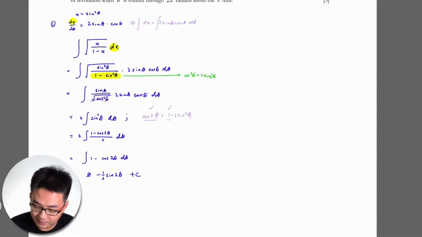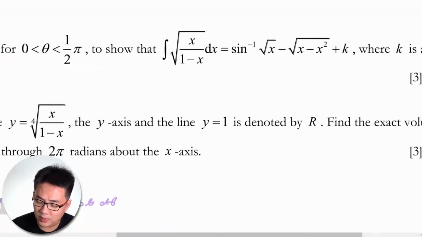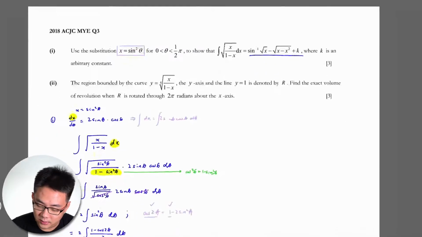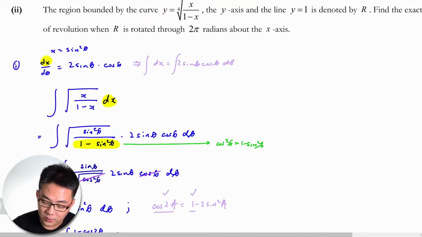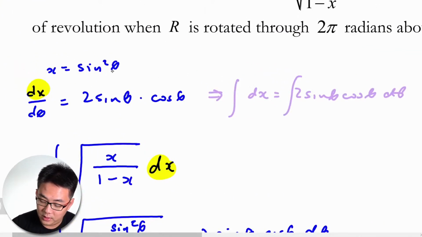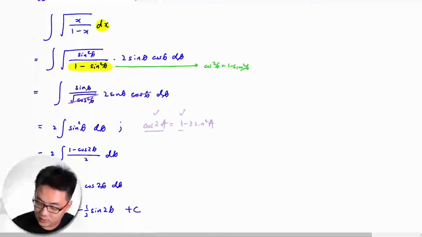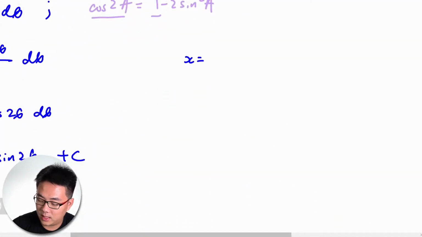That's about it. But obviously you're asked to change back to x, so I think it's really not a big issue. If you want to change back to x, you should just look at this expression here, which is x equals sine square theta. So sine theta will be plus root x or minus root x.